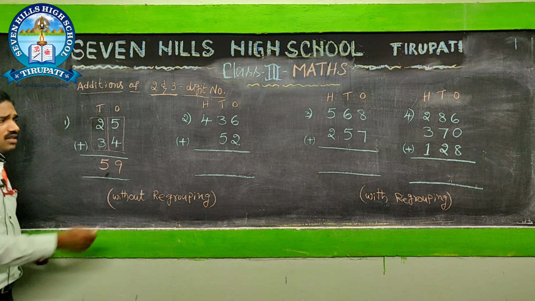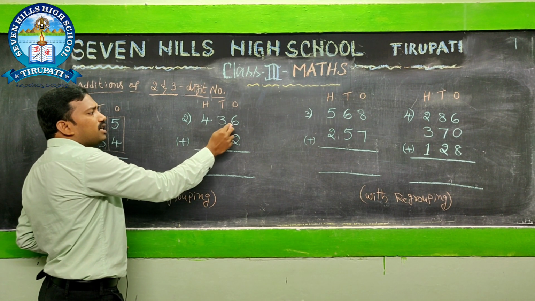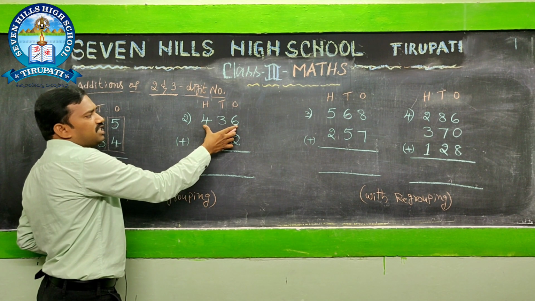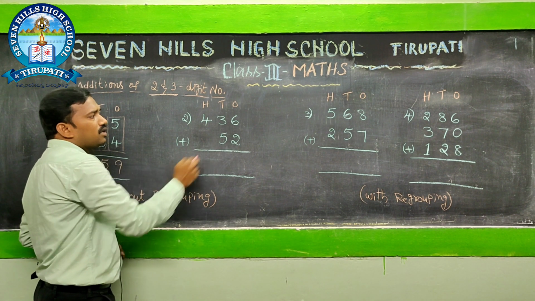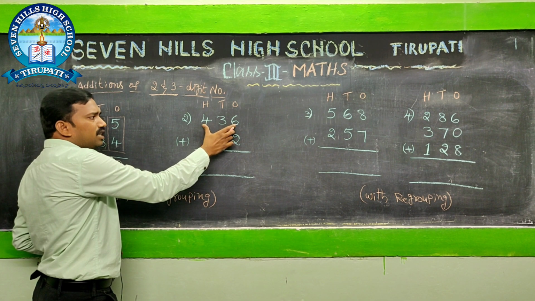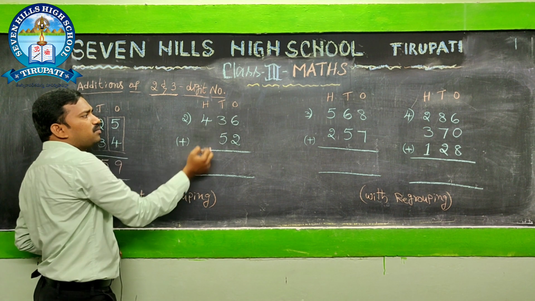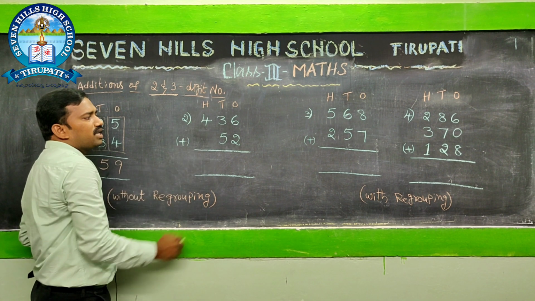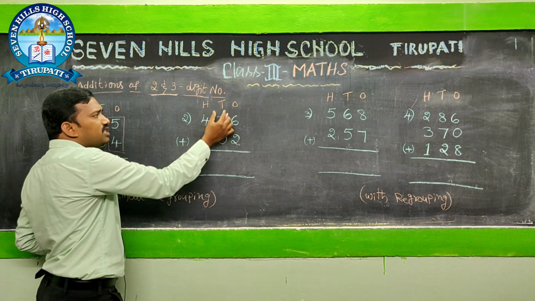Understand? Now coming to this question. Here 436 is a 3 digit number, and here 52 is a 2 digit number. In 436, 6 is in the ones place, 3 is in the tens place, 4 is in the hundreds place. In 52, 2 is in the ones place, 5 is in the tens place.